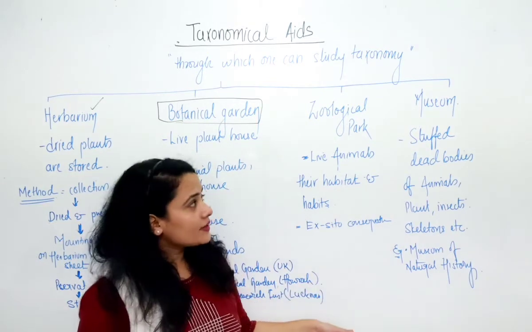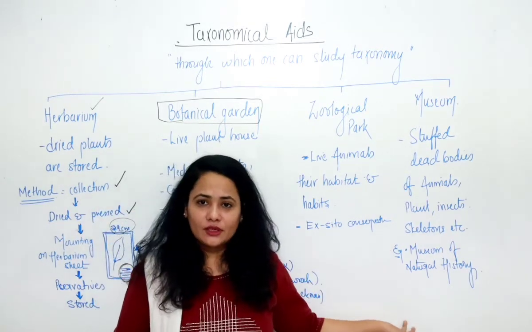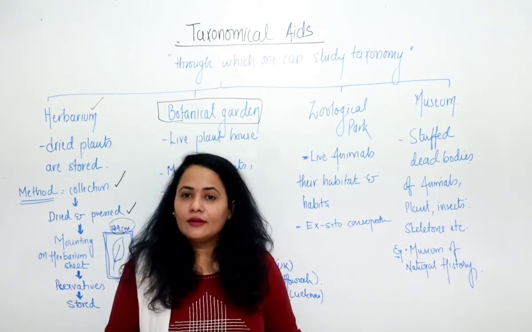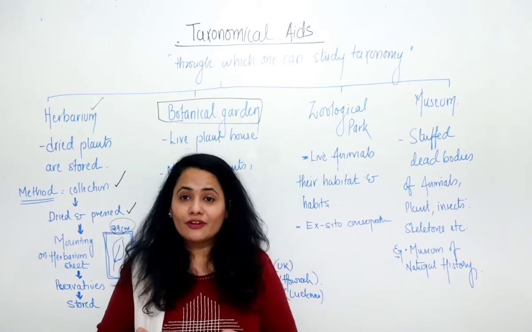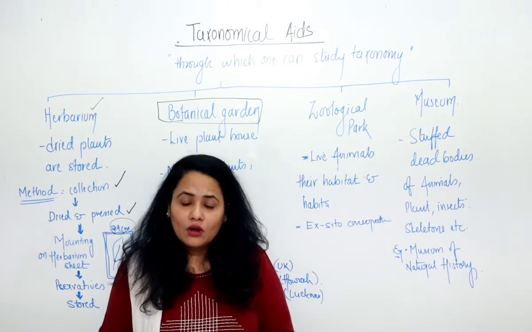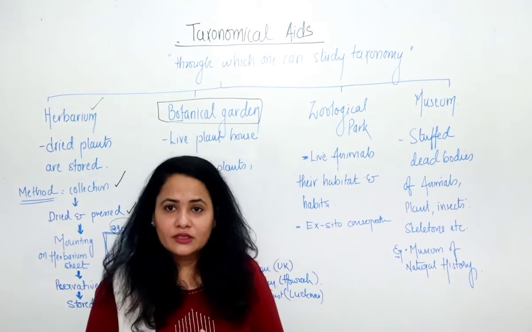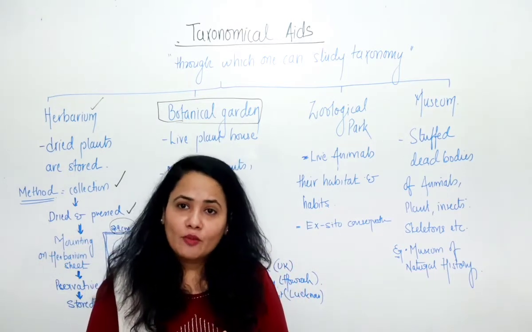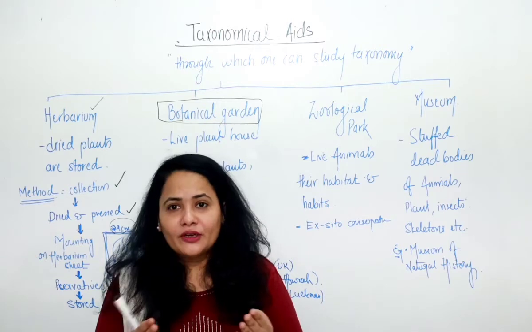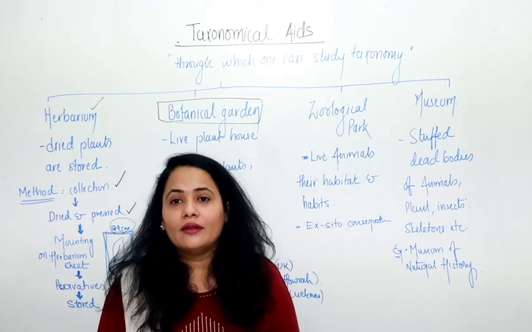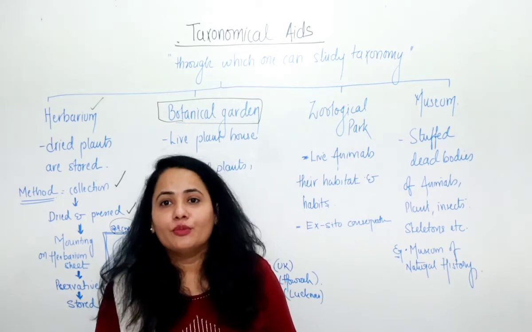And the next taxonomical aid is a museum. This one is the last one. Museum is what we all know: the same things which are found in live form are preserved and stuffed with chemicals inside. The dead bodies are opened, some preservatives are added inside, and they are stored for a longer period of time.